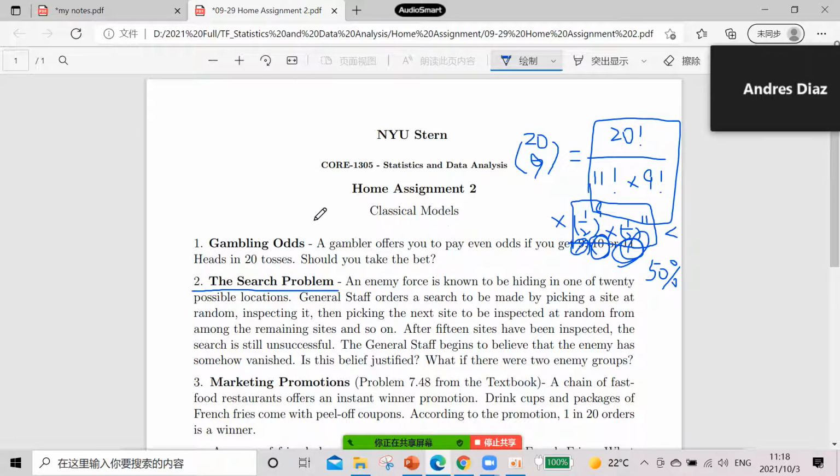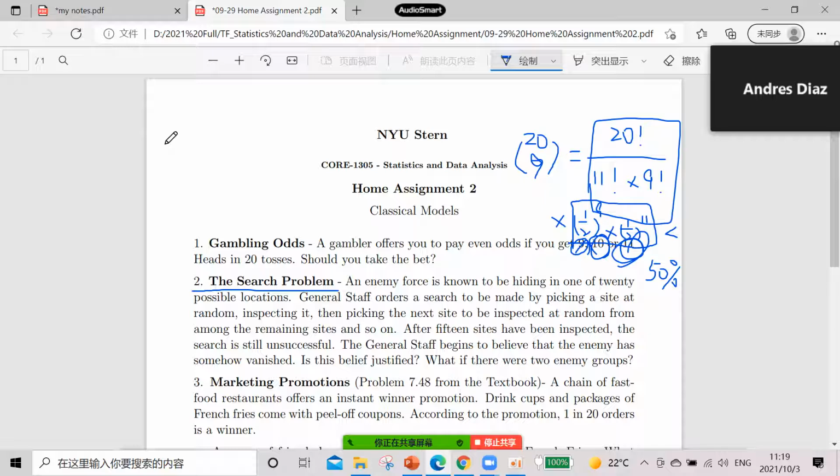Because if I want to, for example, I have a very simple sequence here. What is the probability of getting exactly 9 heads followed by 11 tails? How will you calculate that sequence? Because the first 9 were heads, you will use 0.5 for the first one, 0.5 for the second one, all the way to the ninth one.